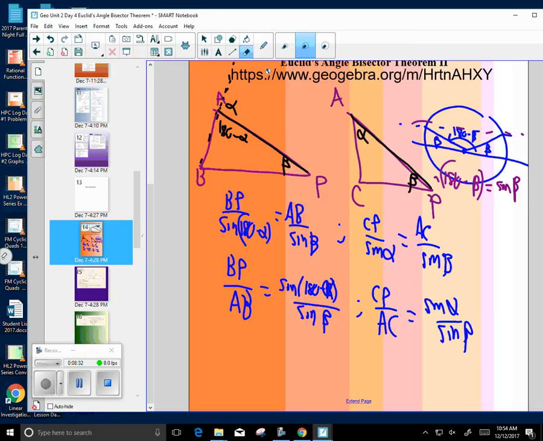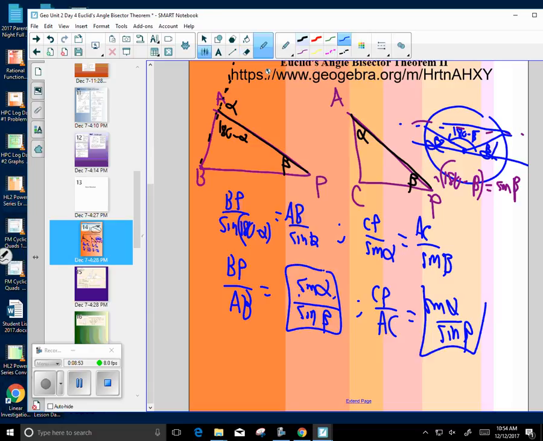If I want to take 180 minus alpha, what's true about the sine? If this is alpha now, what's true about the sine of alpha and sine of 180 minus alpha? They're the same. So this just gives us sine of alpha over sine of beta. These are the same. So therefore, you can say BP over AB equals CP over AC.